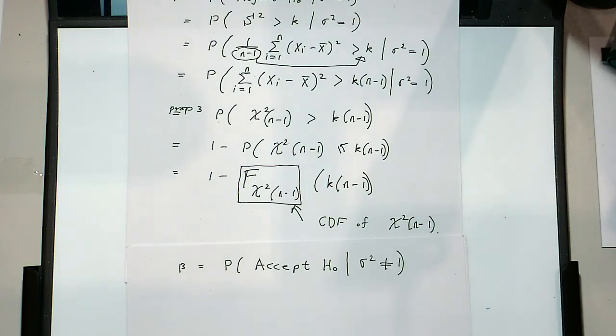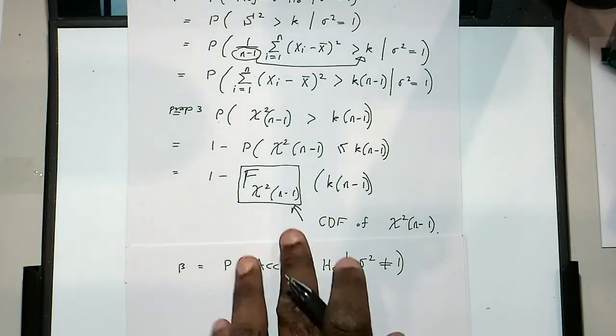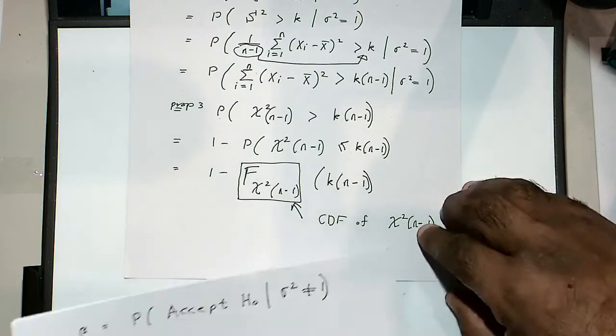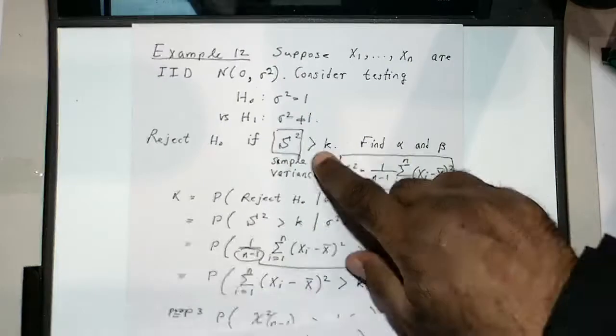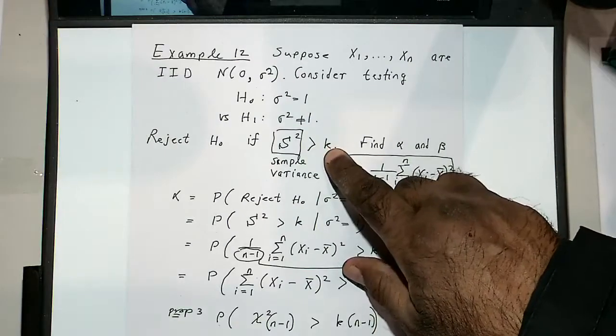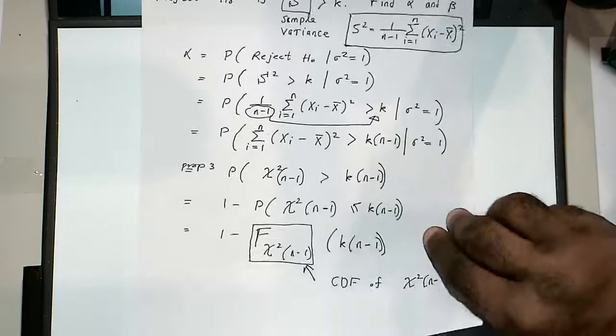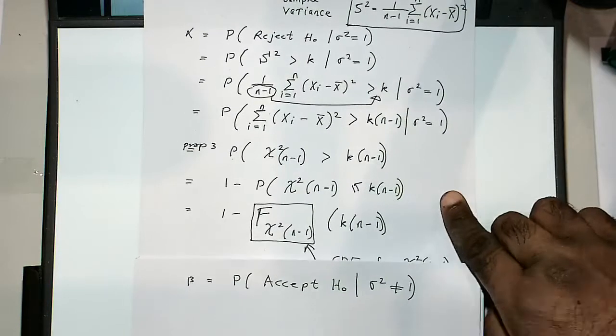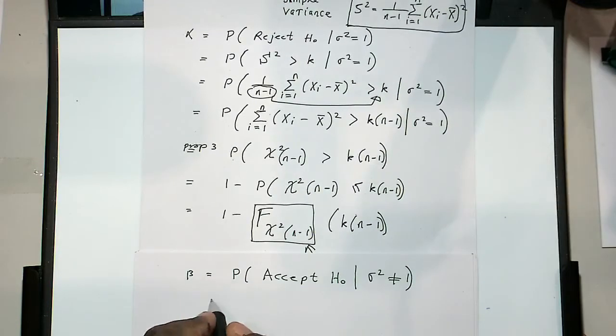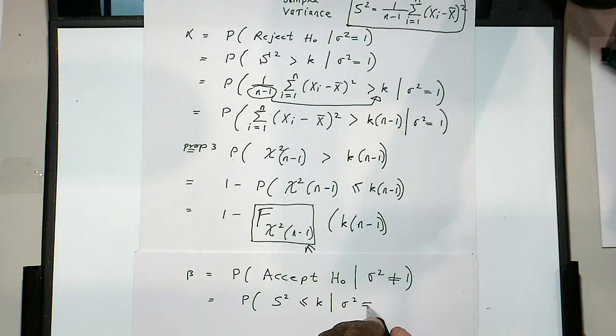Now we know the rejection rule: S squared greater than K. So the acceptance rule will be S squared less than or equal to K.